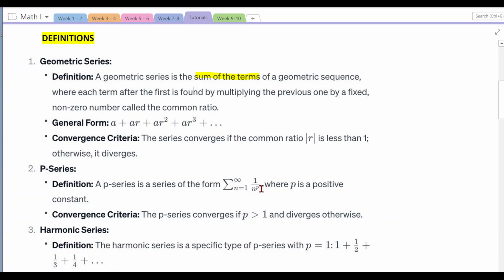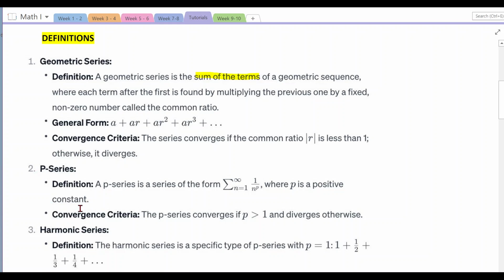The reason why it is called p series may be because p stands for power. So it is the starting terms, starting from 1 in this case, raised to a fixed number p, and then n follows 1, 2, 3, 4, and so on. So p is any positive constant.